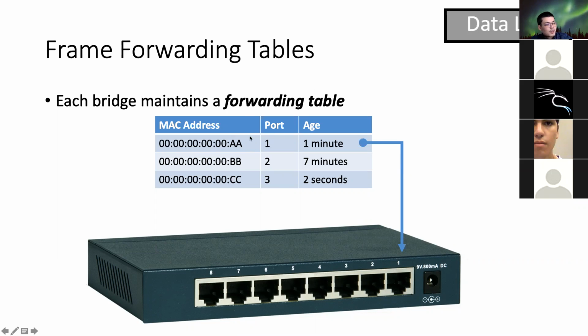You will automatically remember this in the bridge's forwarding table. And you will have an age, which means if the time is too long, it will time out. This helps you remove it, just in case any host at port 1 leaves. If it times out, I will remove it. But if you keep sending stuff, this age will be refreshed to 0 again, and then it will not be removed.